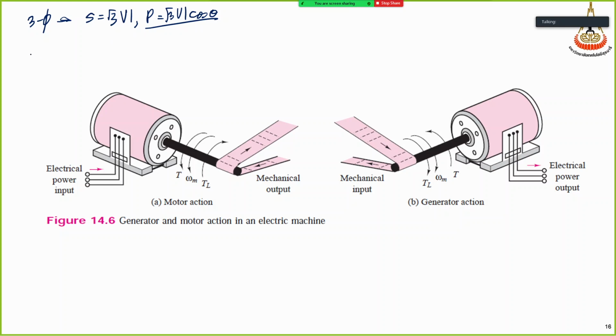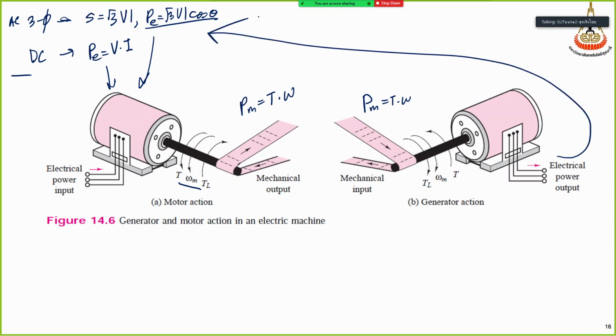And if it's a DC machine, P will be V times I. This is the electrical power. But for mechanical power, PM is torque times omega. So PE depends on whether this is an AC machine or a DC machine. Similarly for generator action, the mechanical power PM is also T times omega. The electrical power is the same, but it is considered as the output of the machine.